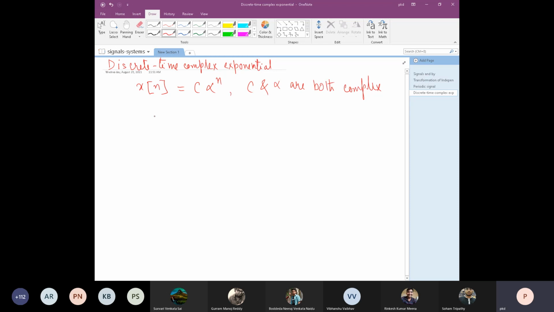Now this also can be written as x[n] equal to C exponential of beta n, where alpha equal to exponential of beta.